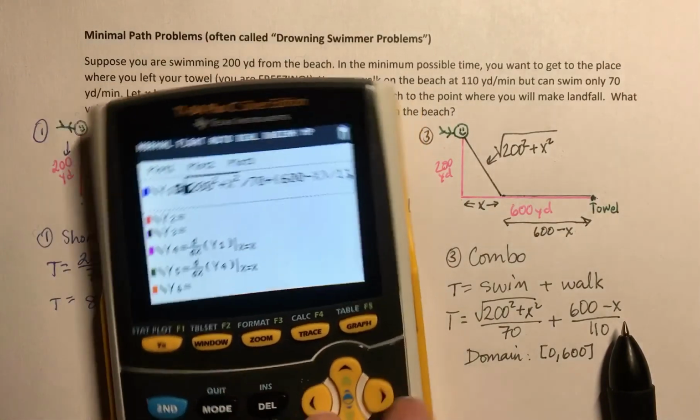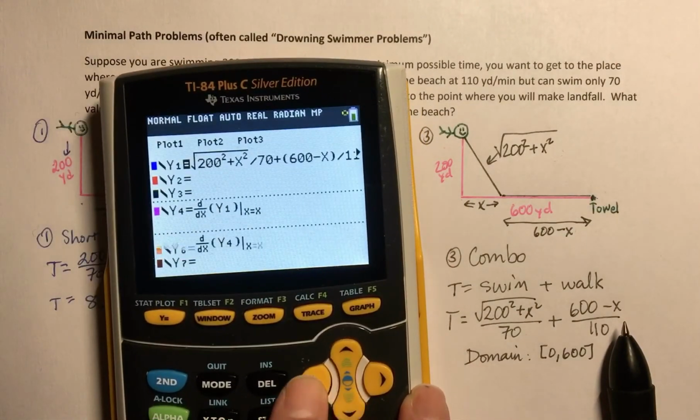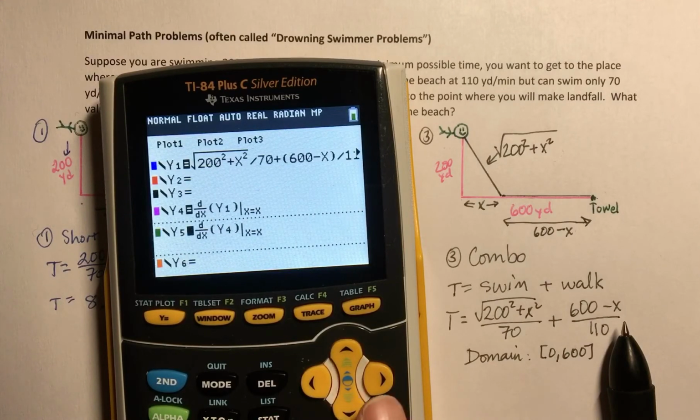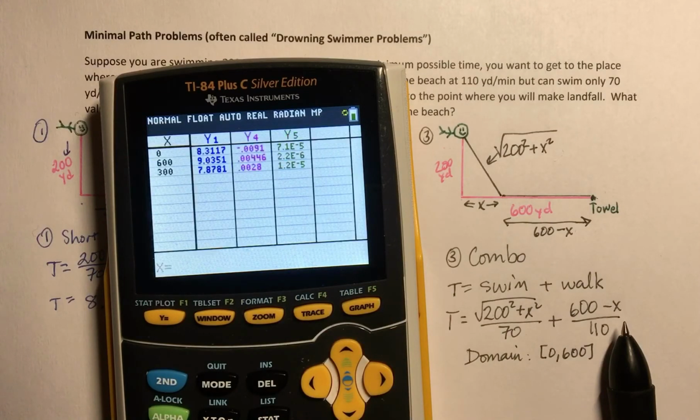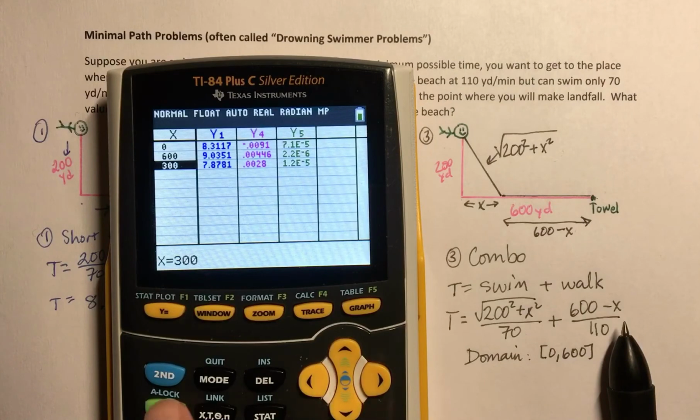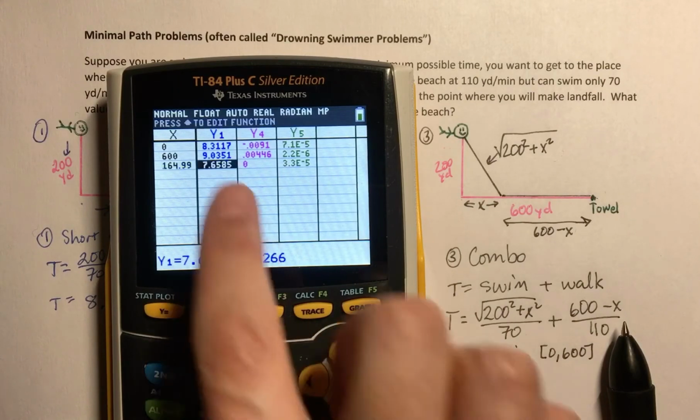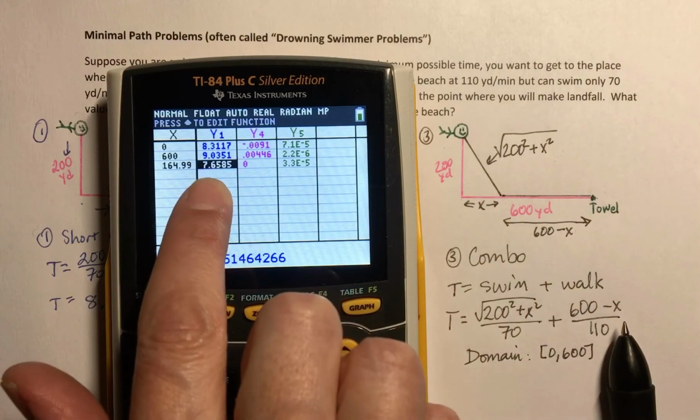What I will do instead is I will turn on my NDeriv. I'm not going to graph this. I'm actually just going to go to my table. I don't really care about the 0 or the 600 anymore. I do care about the A that I had from before, my stored x value. So I can see here's my time, the 7.658.